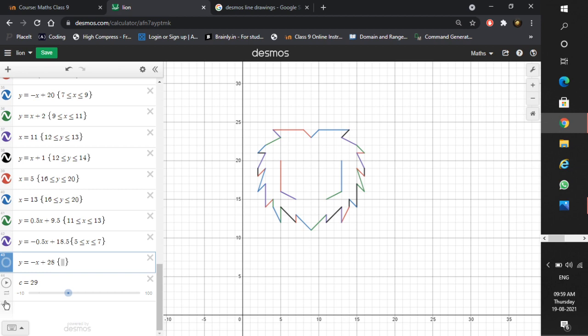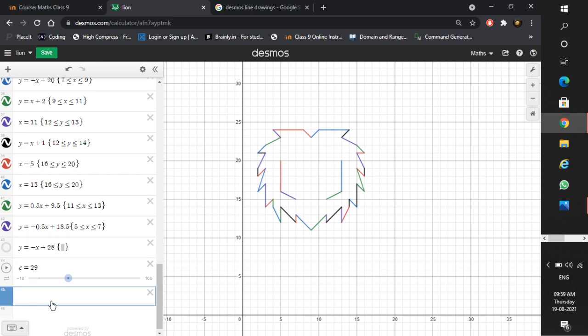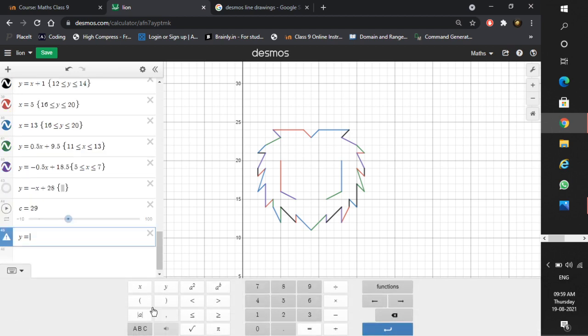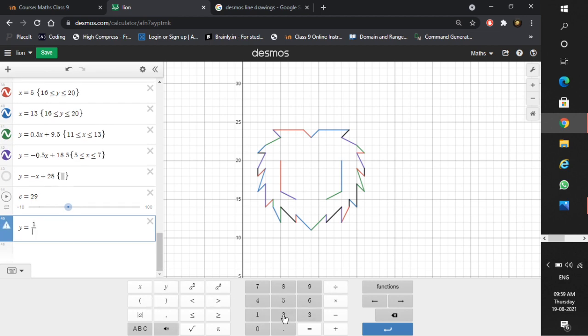If you simplify x equals 2y, it will become y equals half x, or you can also write 0.5x. So this is the line here. This is the exact line. Now you have to shift it.